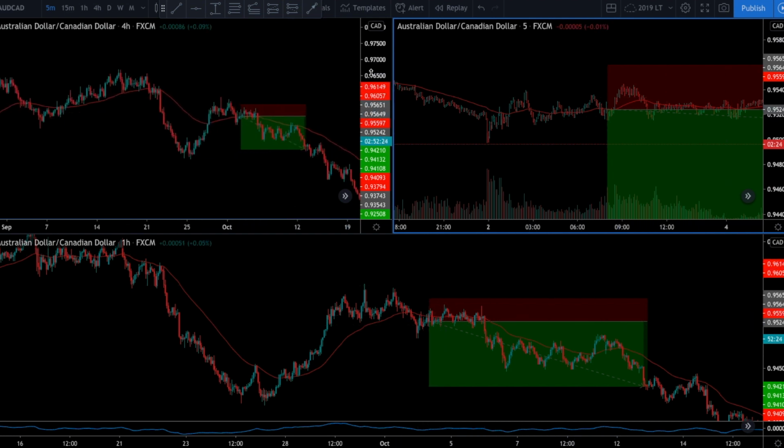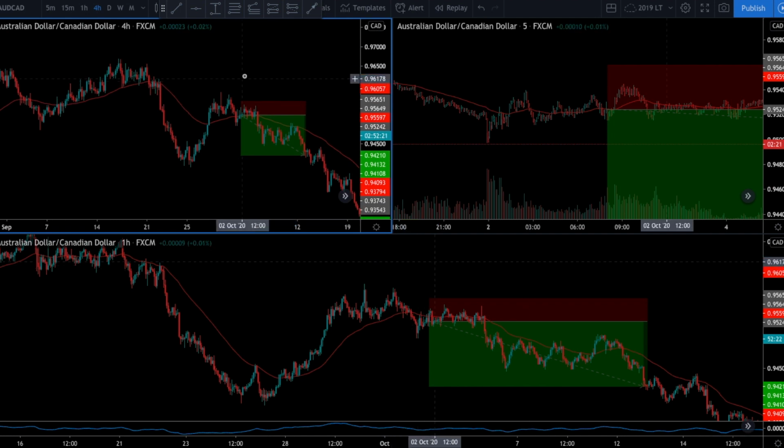The 4-hour was not as clean as the 1-hour at the time of entry, but again, that tweezer top candle formation on the daily, and the deceleration, is the main reason I got in this trade.